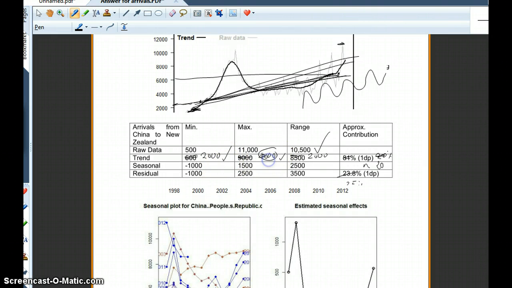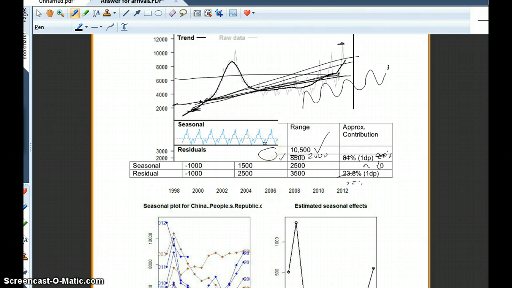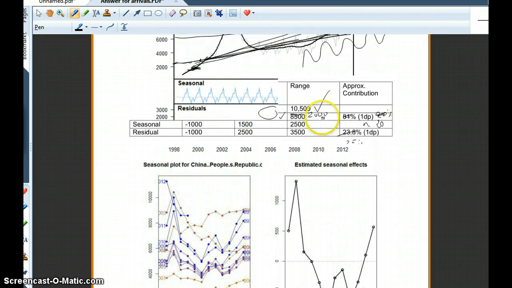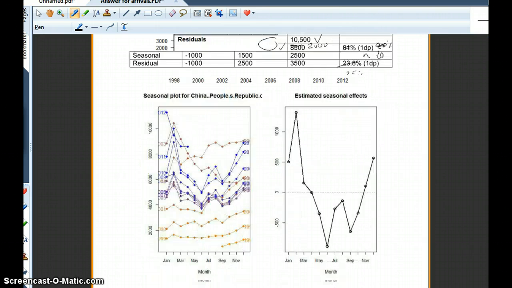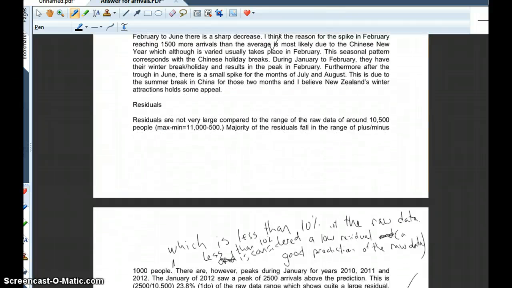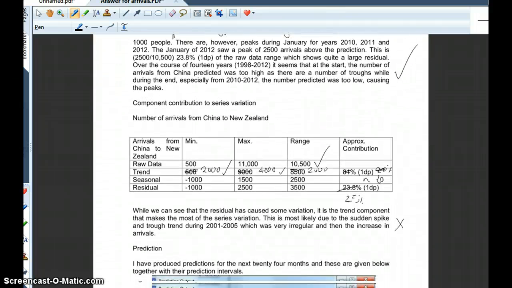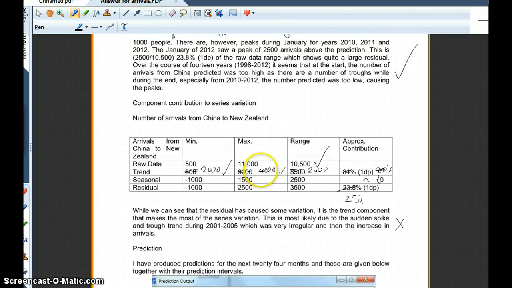So I've put 4. Oh dear. Let's go back down to here. I've put 4. Some people said it should be sort of 6 to 8,000. Ignore that for a moment. We'll come in and put that percentage in there in a minute.